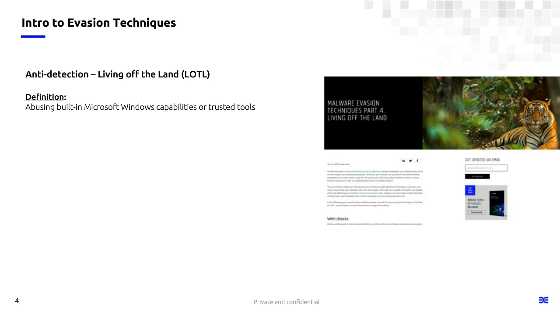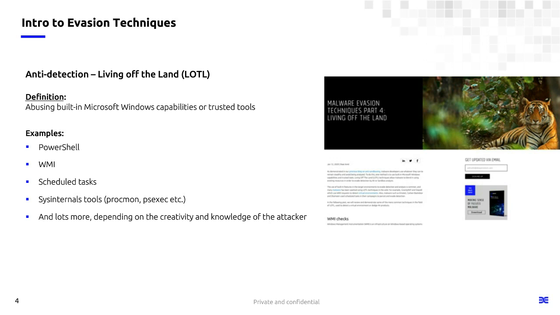Examples for living off the land techniques of some tools that are being abused by attackers. The first and most common example is PowerShell. This is being used by probably most of the malware in the threat landscape in the past year, maybe even more. This is a built-in Windows tool which is intended for administrative uses mostly.